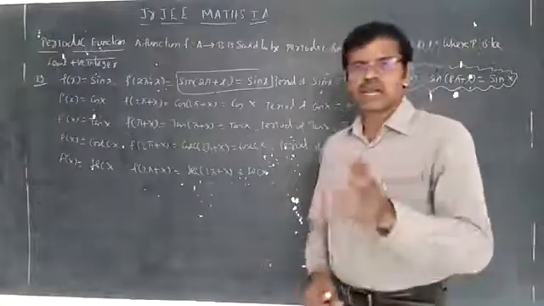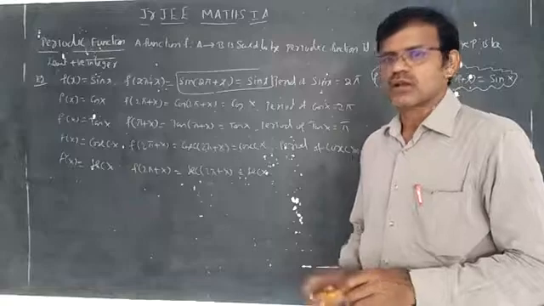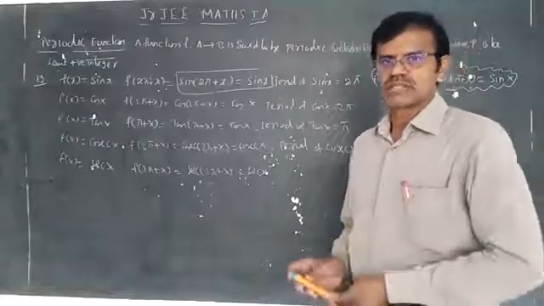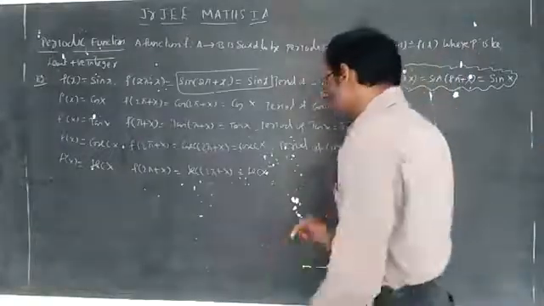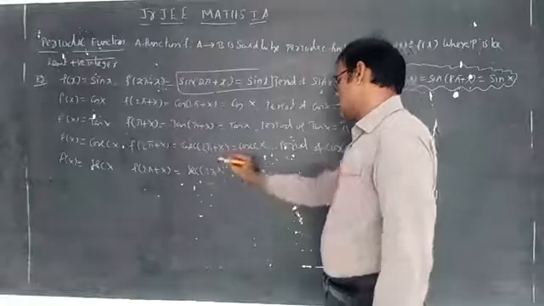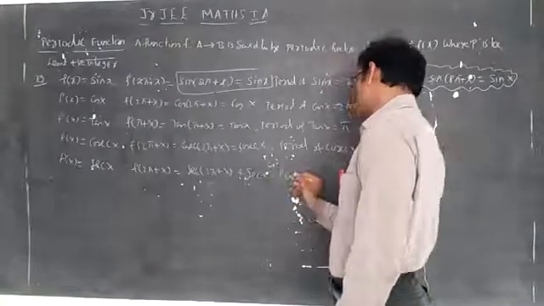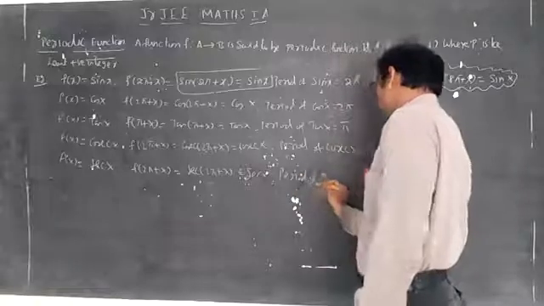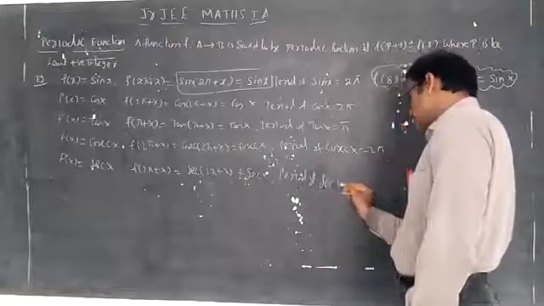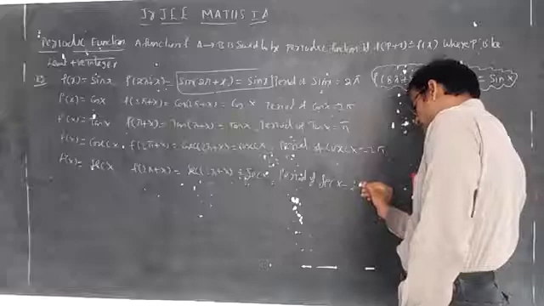You never get the positive value for all other trigonometric functions except tan and cot. So secant of pi plus x is not equal to secant x. Therefore, we can understand that period of secant x is equal to 2 pi.